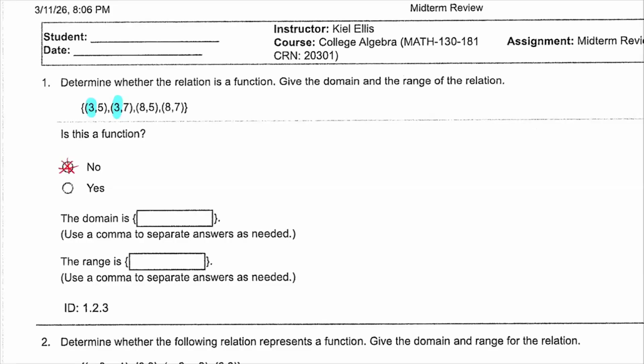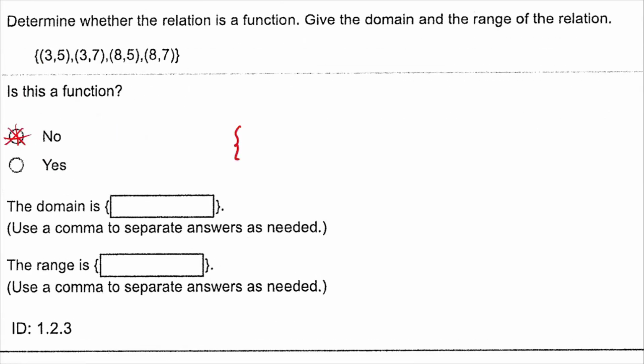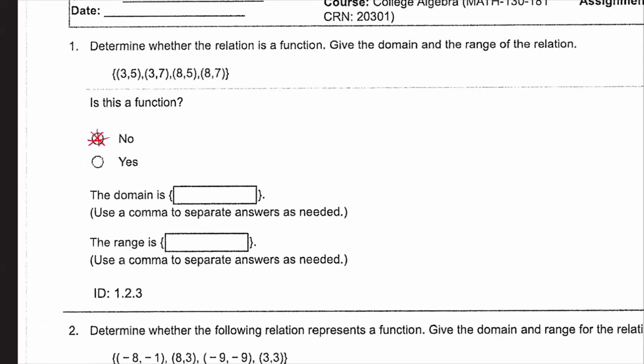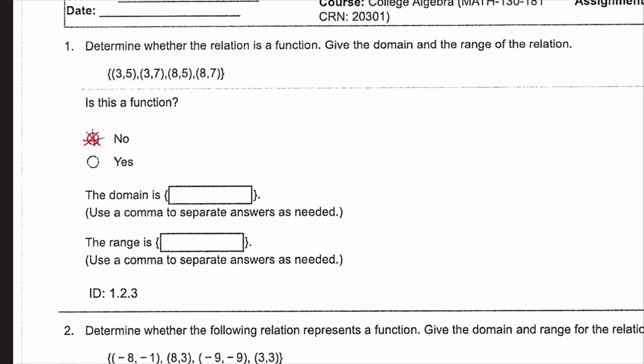but the domain consists of all the x values. It's a set. These curly braces always indicate a set. And so the domain is the set of x values.